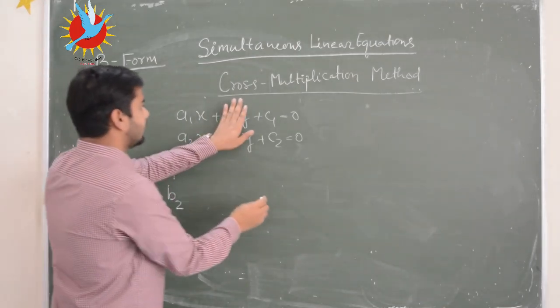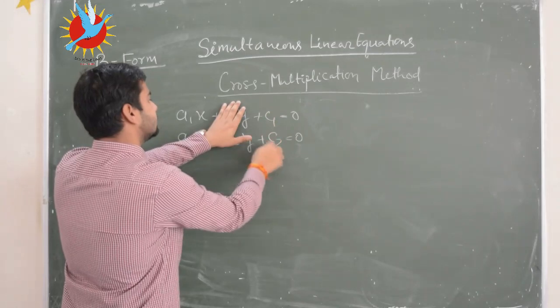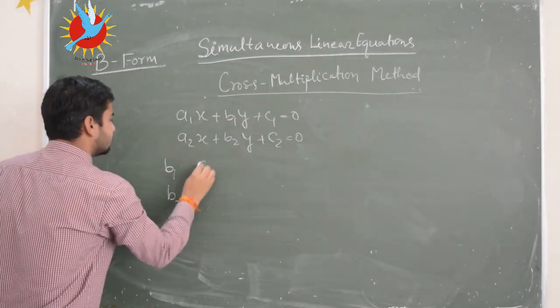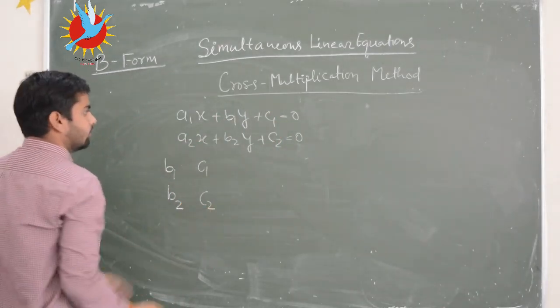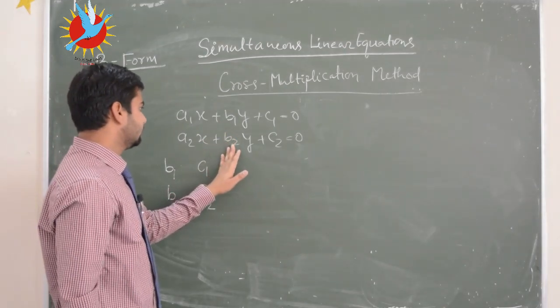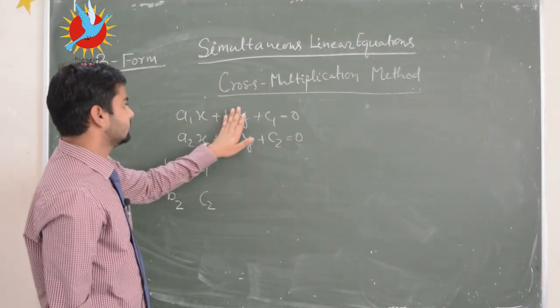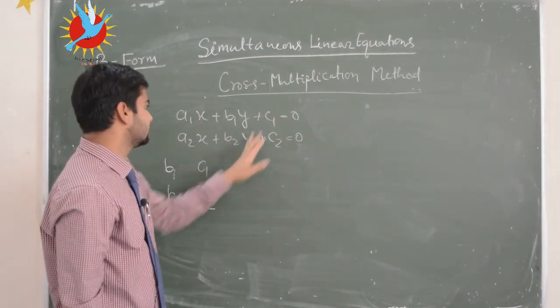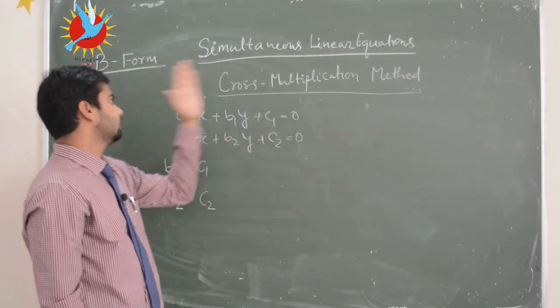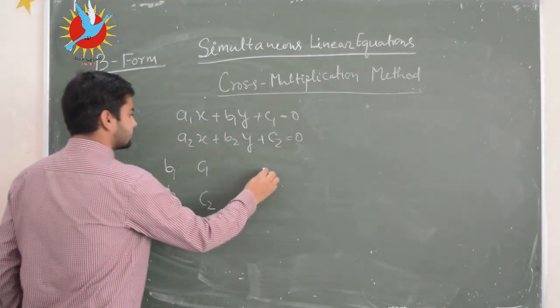Next we write the constant terms c1 and c2. Then we will write a1 and a2, the coefficients of x.